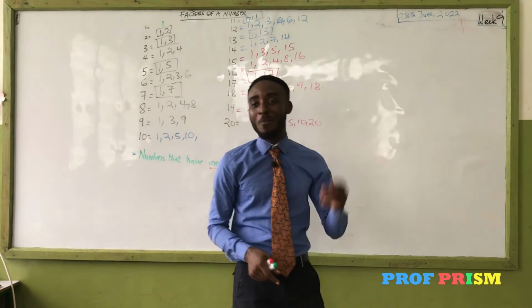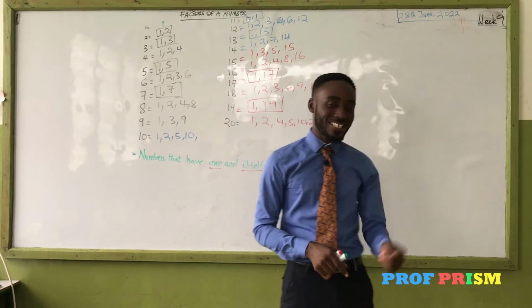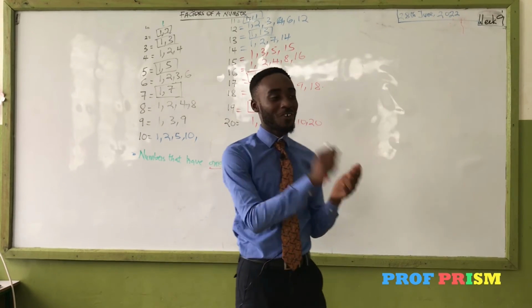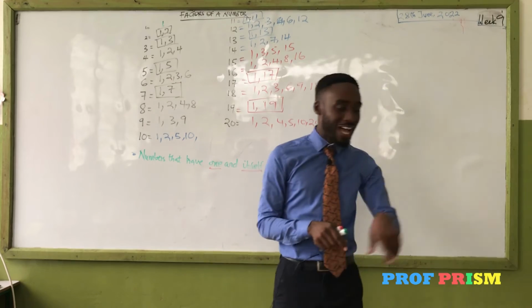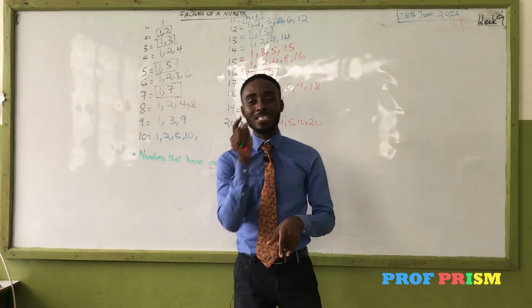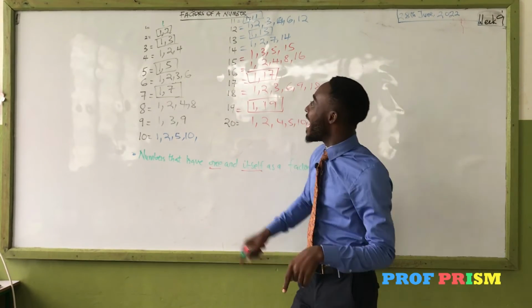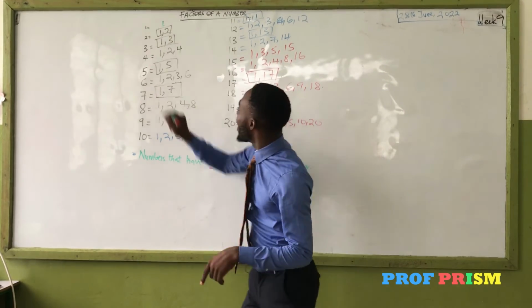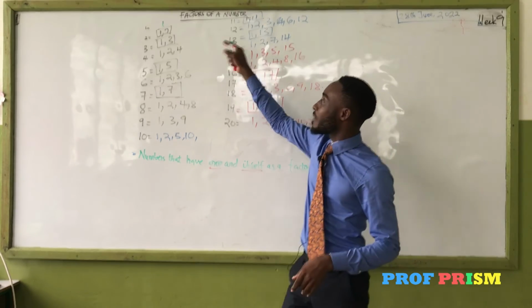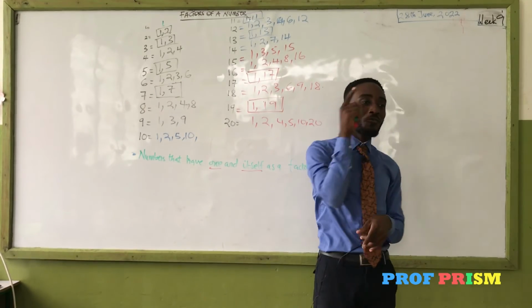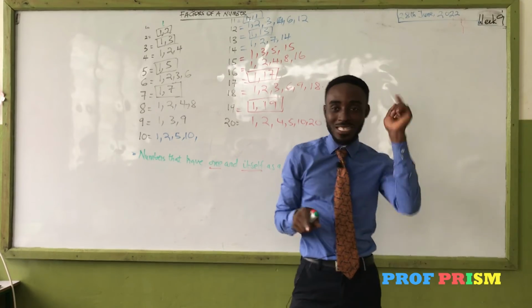Oh, prime numbers have only 2 factors. Composite numbers have more than 2 factors. 2 and 3 is prime. 4 and 6 is composite. 2 and 3 is prime, and 4 and 6 is composite.